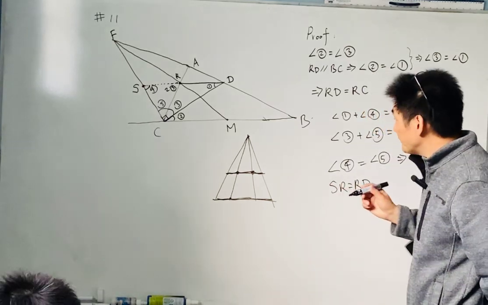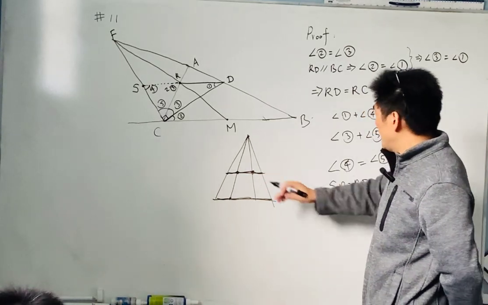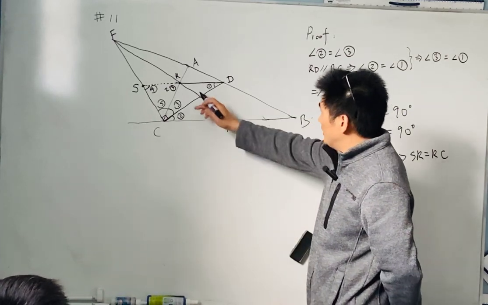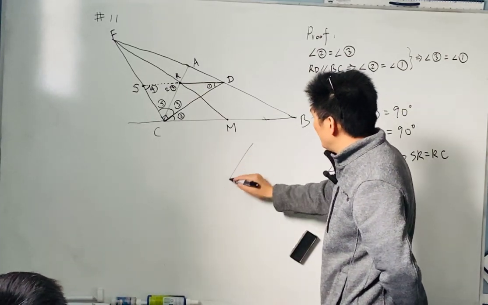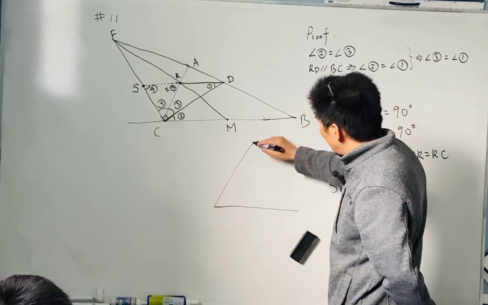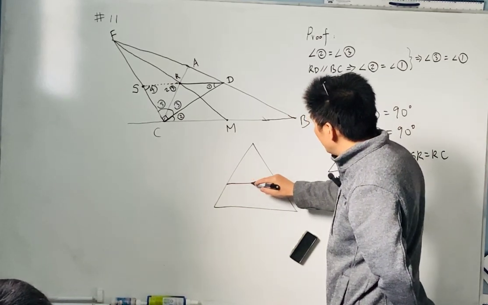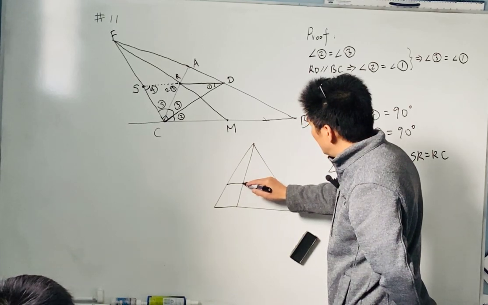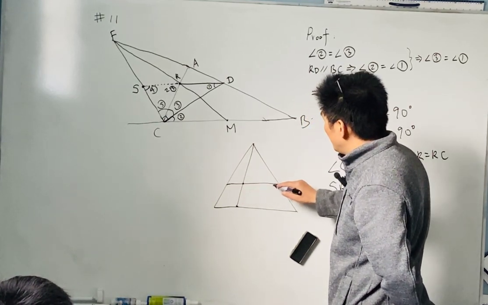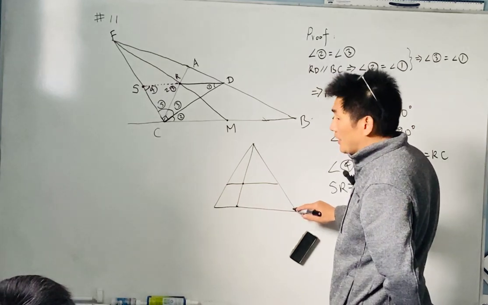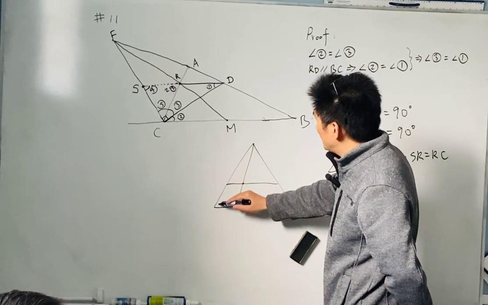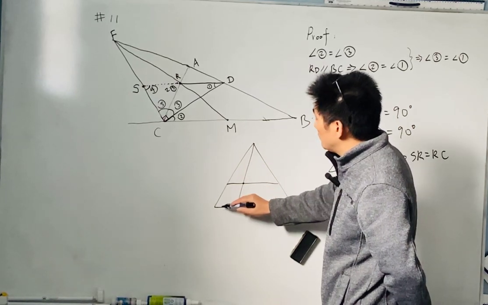In this case, this is when it's the midpoint, but it doesn't matter if it's the midpoint or anywhere. This is how you can prove that this is always true. Since this side is parallel to that side, this triangle is similar to that triangle.